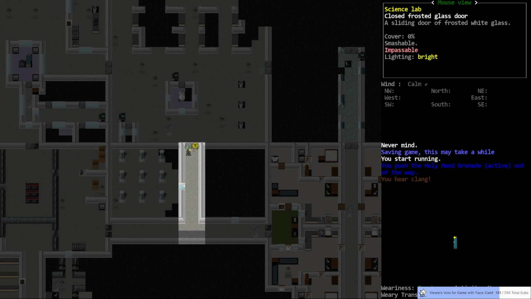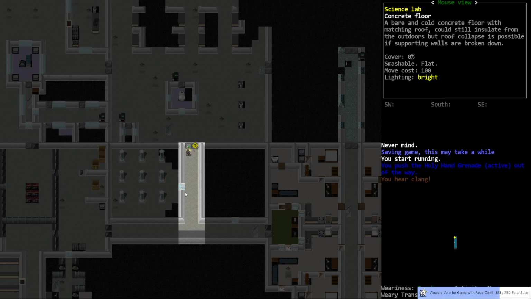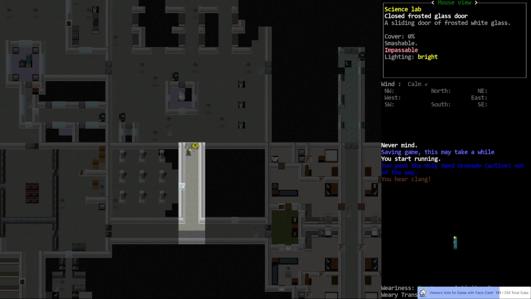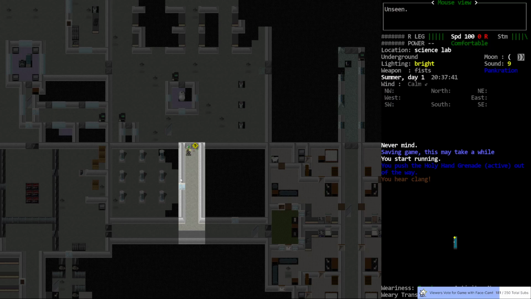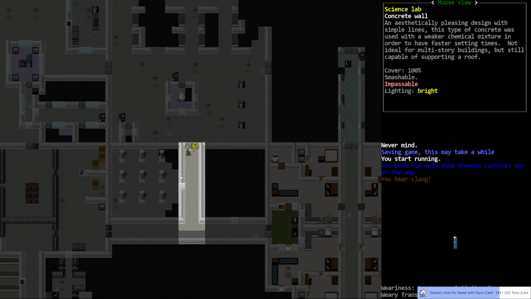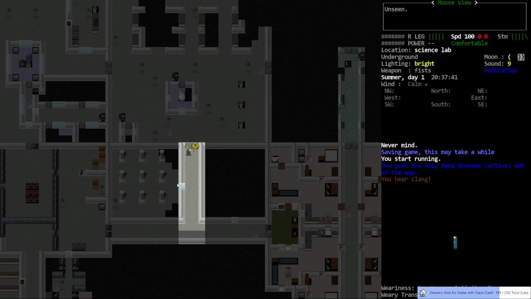I'll be surprised if I even make it to this door. I might get there. I suspect it's going to go off before I can get into the doorway, though, to try to get the wall between me and it. Oh yeah, there's a pole option. I'm still thinking.